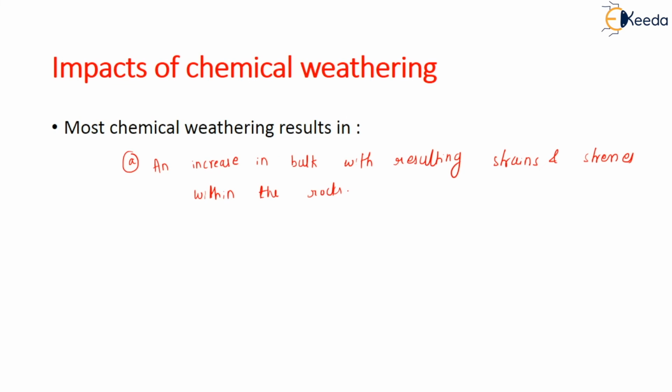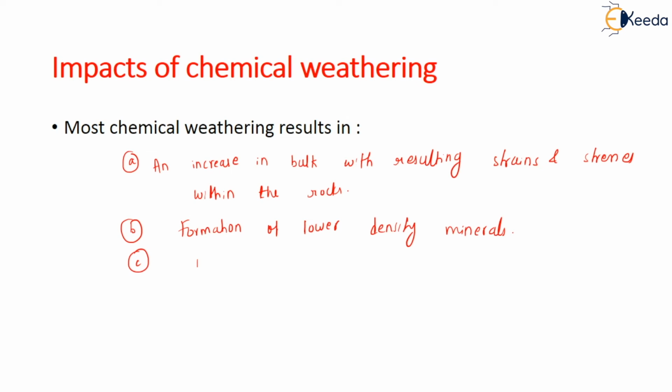Also there is formation of some lower density minerals. This is the additional material which is formed due to chemical weathering. Also there will be a reduction of particle size, and an increase in surface area of masses.